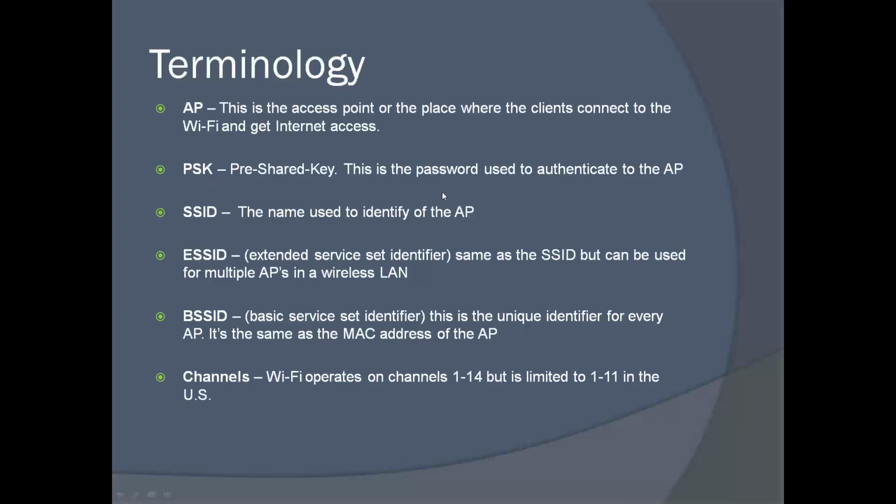This is the password used to authenticate to the AP. Now, the reason it's not referred to as a password is that it's a password that everybody who connects uses. There are not separate passwords for each individual. That's one of the weaknesses of the pre-shared key system, is everybody uses the same key.